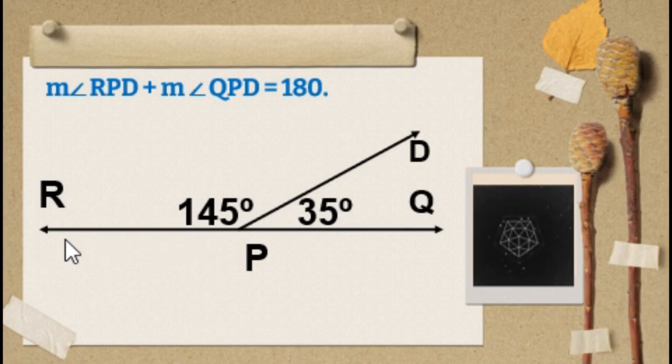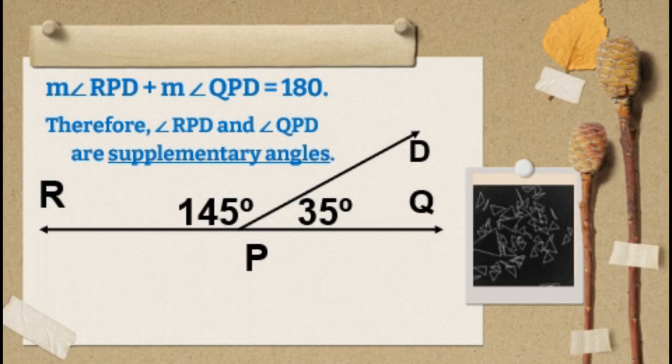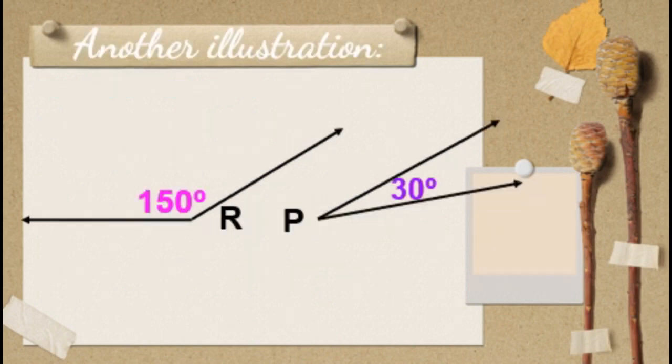Example, measure of angle RPD plus measure of angle QPT equals 180 degrees. So, 145 plus 35 degrees equals 180. So, therefore, angle RPD and angle QPD are supplementary angles.